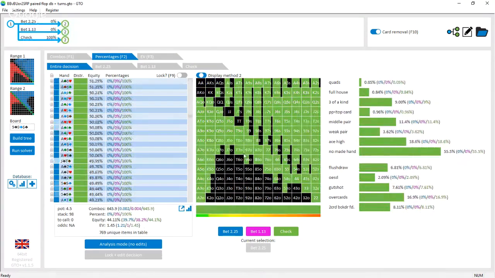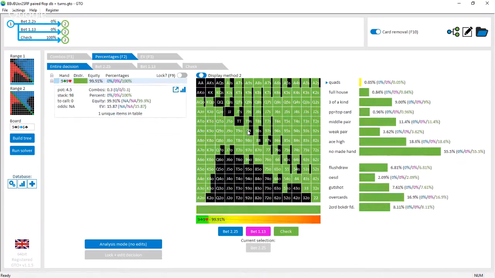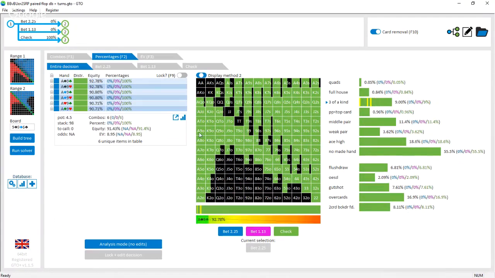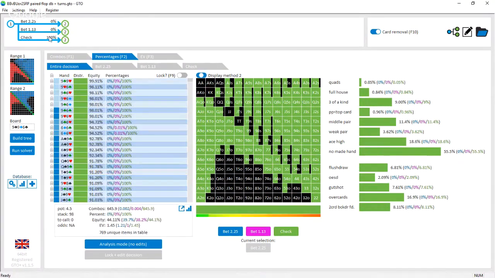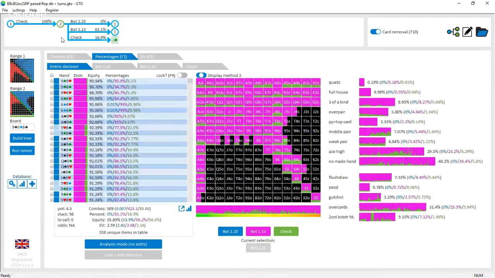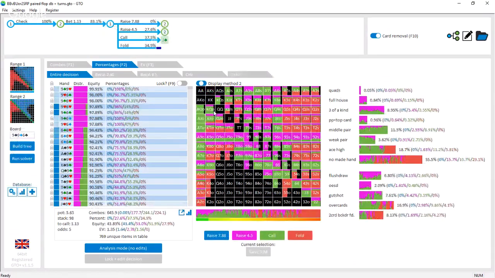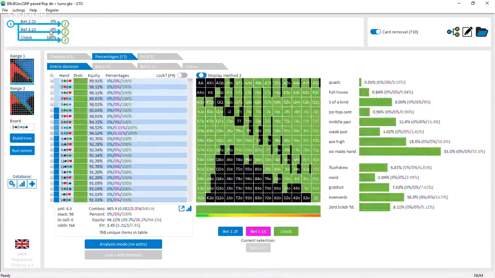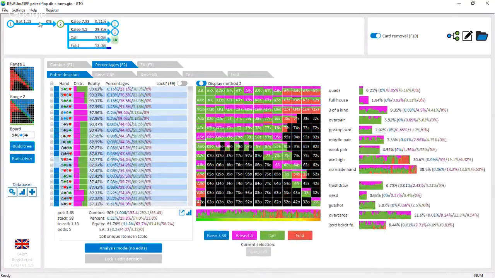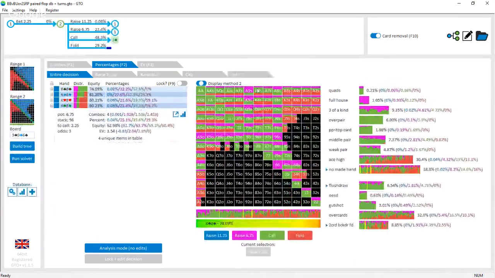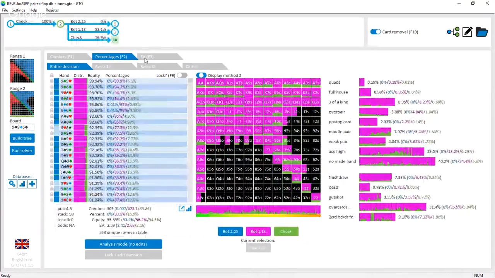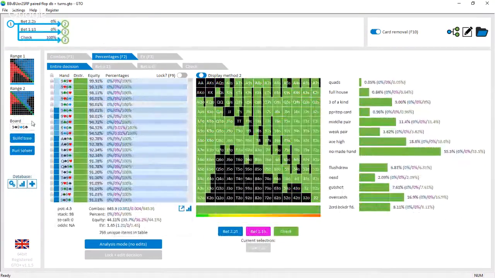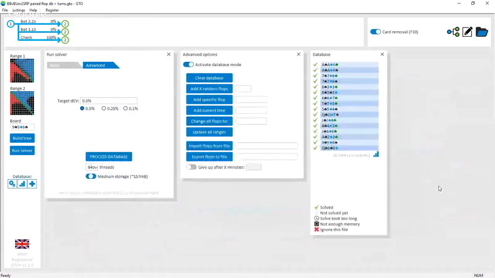So the out-of-position player, with even their strongest hands, like the quads, right, or the S9 or the full houses, they're still checking them because the in-position player will bet into them, and so you get more EV by going for a check raise rather than betting and then having the in-position player fold. Or say bet half pot, the in-position player will still fold correctly, but if you had checked instead, the in-position player will put money in for you, and so that's why the out-of-position player wants to check even the very strongest hands.